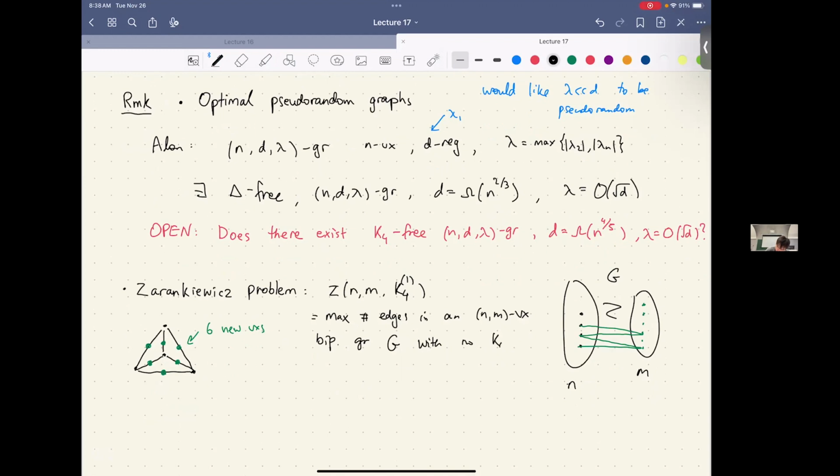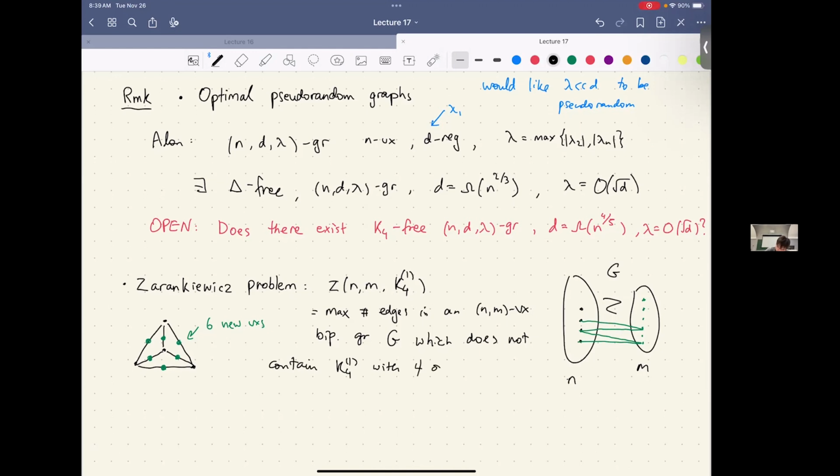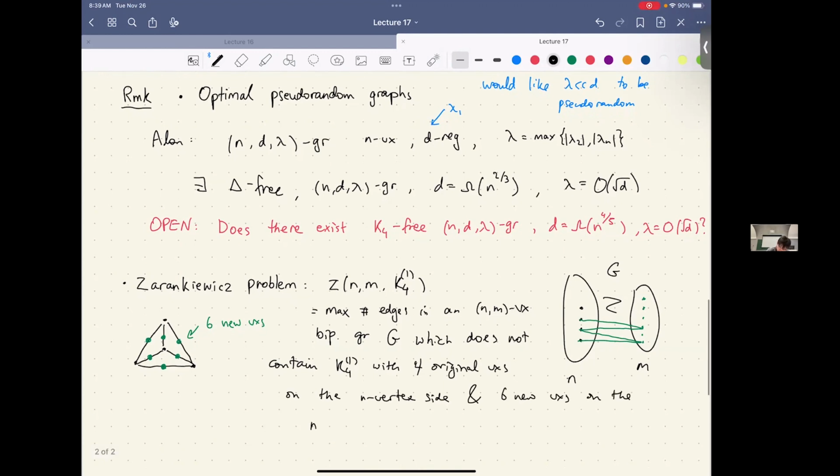With no K4 one, which does not contain K4 one with four original vertices on the n vertex side and six new vertices on the m vertex side.